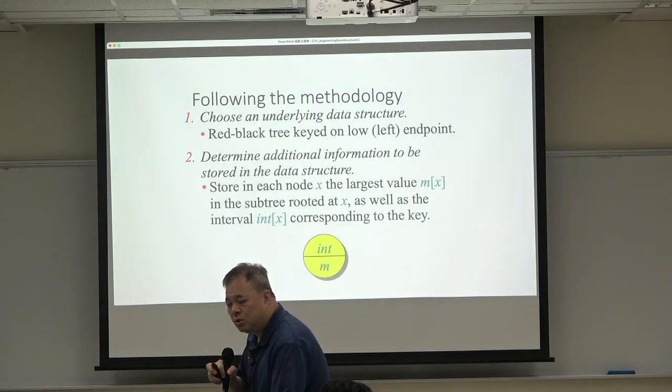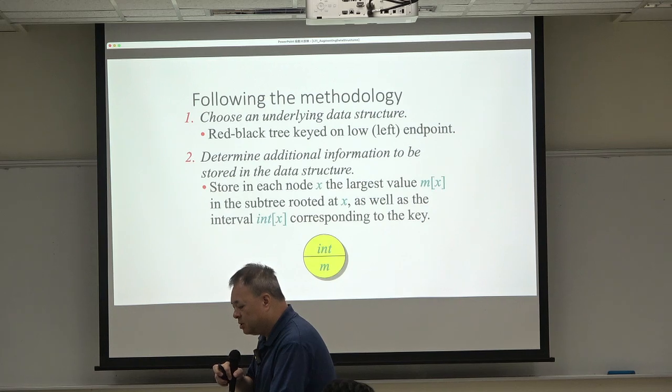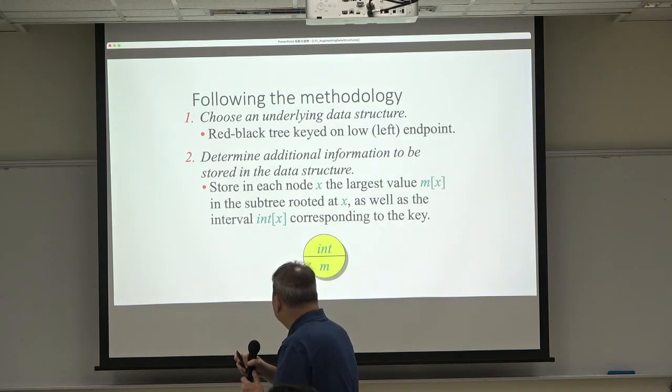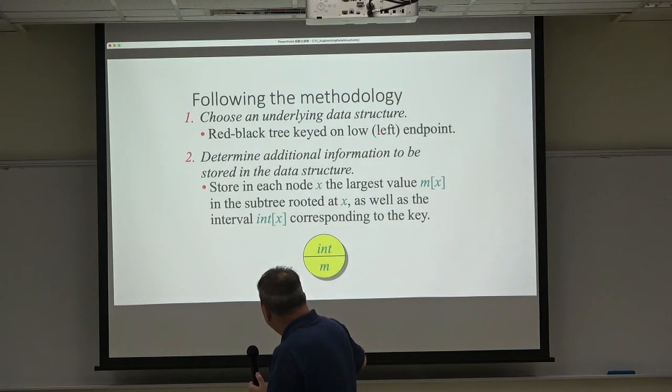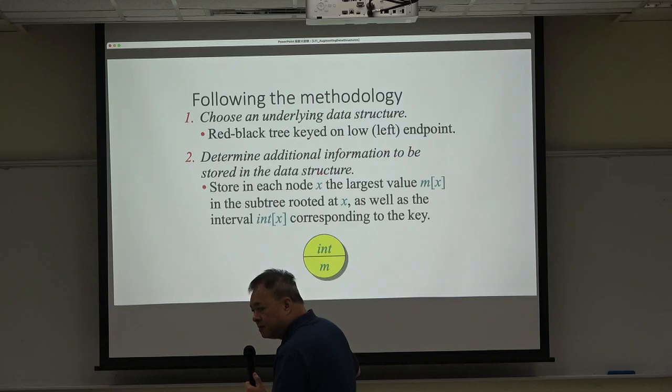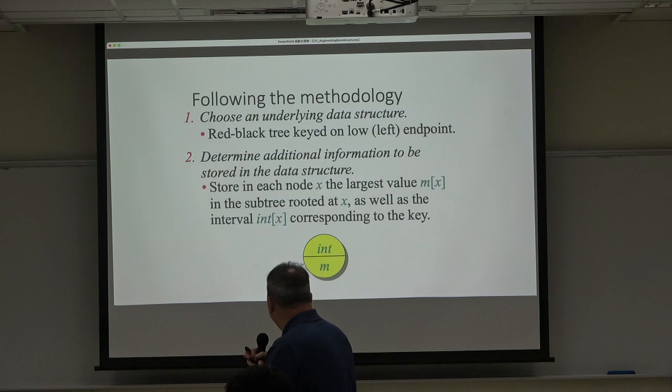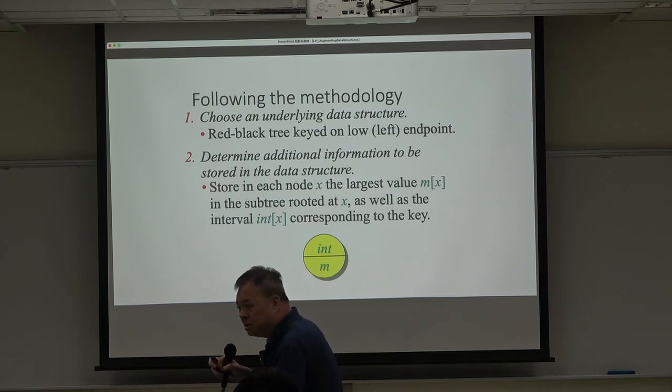You can sort by one value, but you cannot sort by two values. So here the idea is that we just use one endpoint as the key. Let's assume we use the low endpoint.